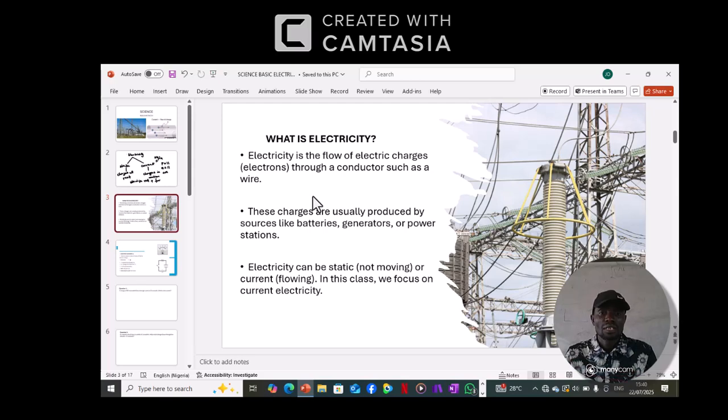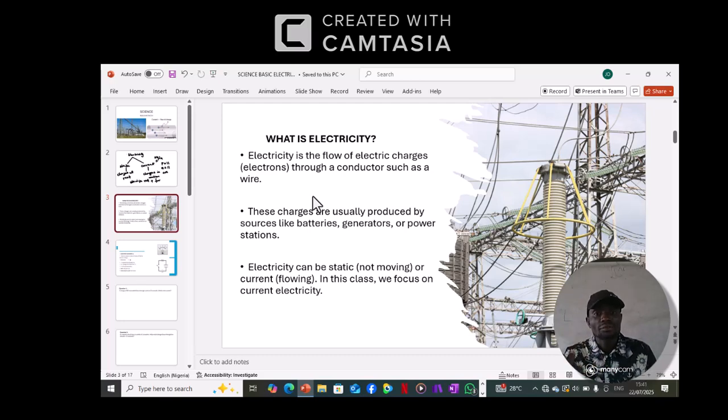Now, these charges are usually produced by sources like battery, generator or power stations. So we have solar, as electricity from solar generator.